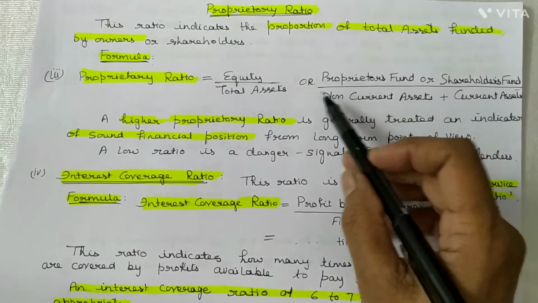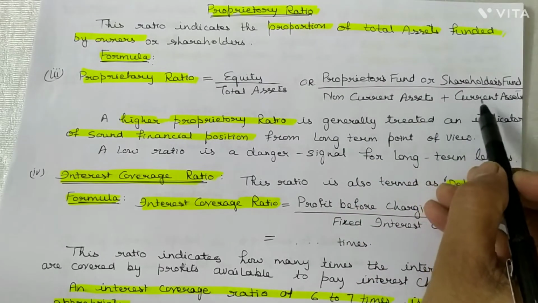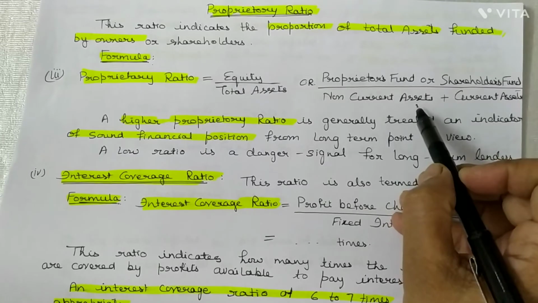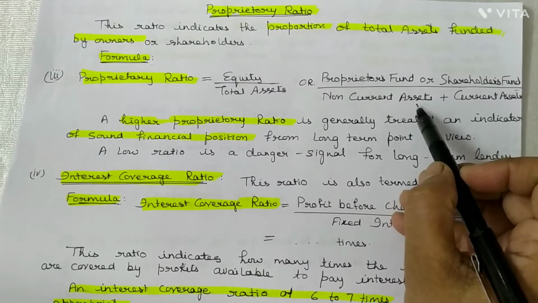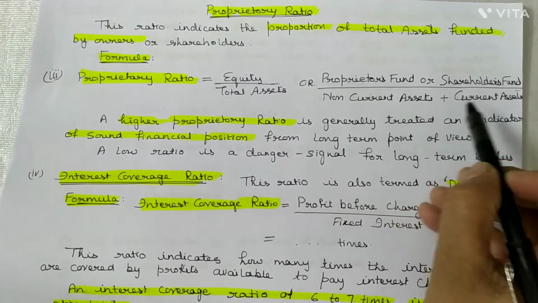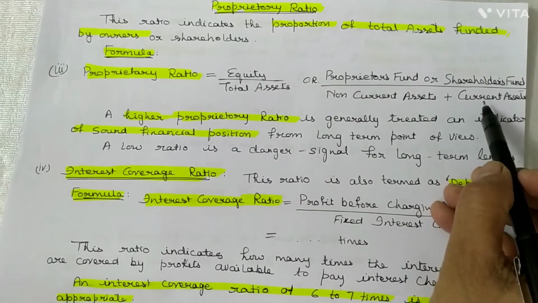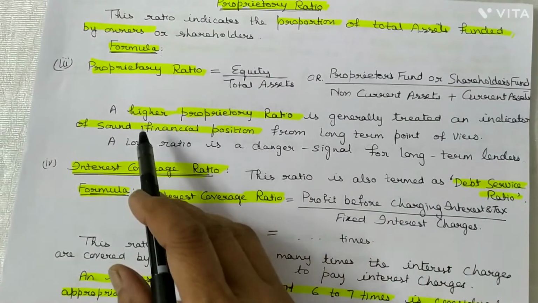The total assets include non-current assets plus current assets. Non-current assets are for a long-term period. Long-term investments are also included in non-current assets. This does not include fictitious assets.